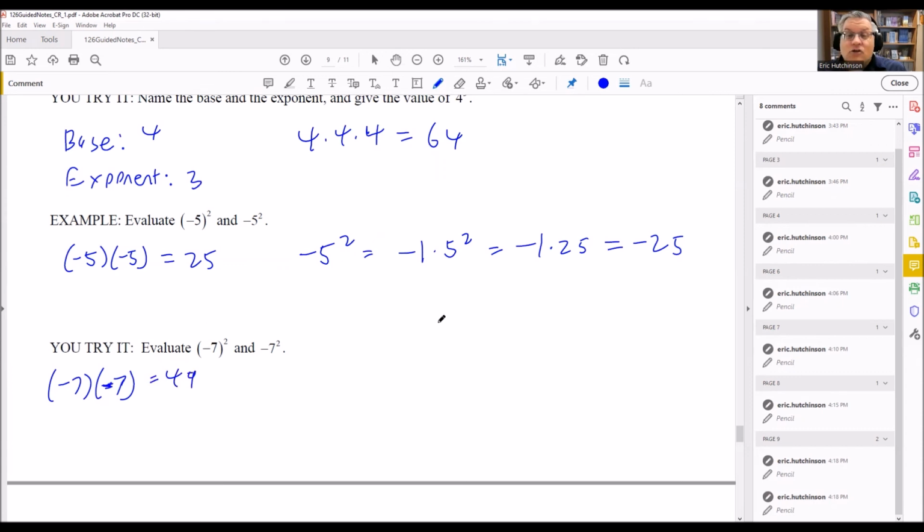But the second one, -7 squared, is equal to -1 times 7 squared, which is -1 times 49, which is the same thing as -49. So again, although those two look the same, they're actually different. Something you want to watch out for.